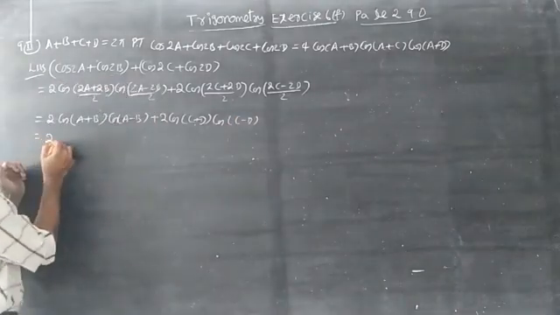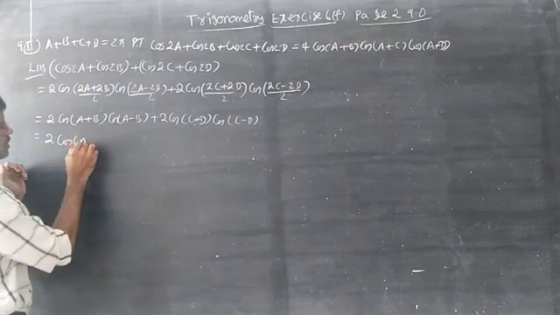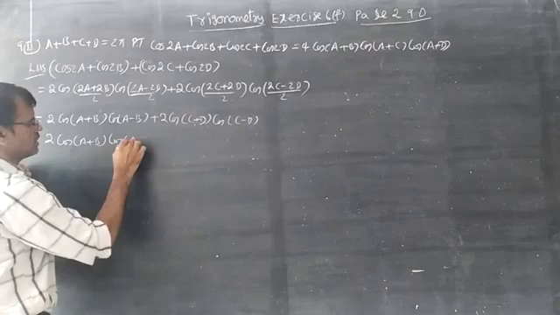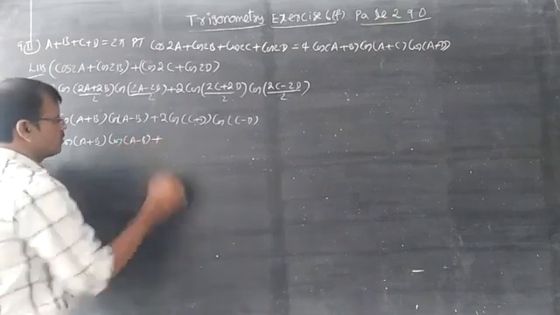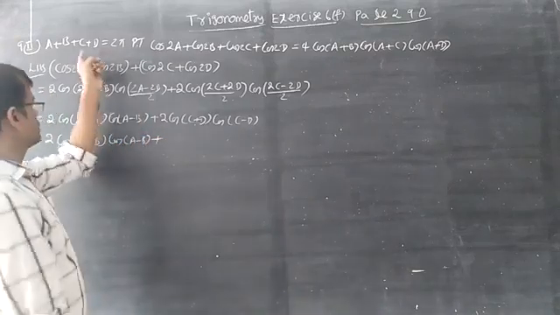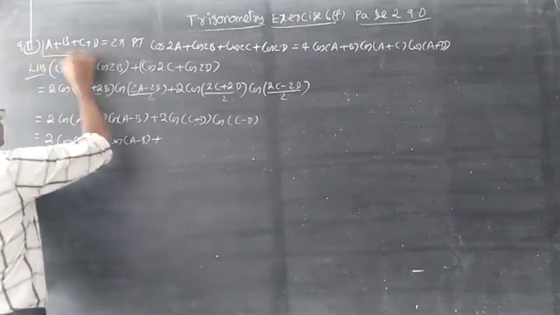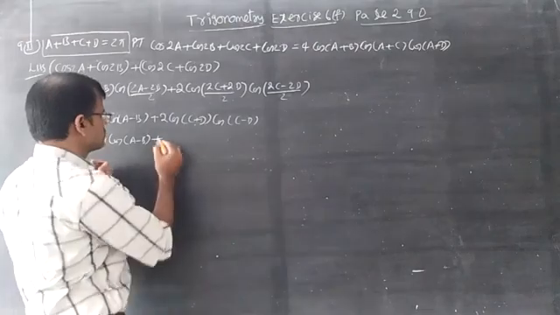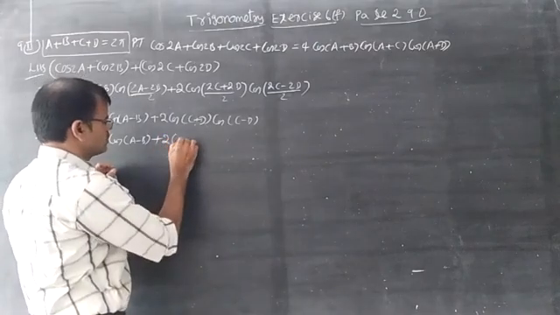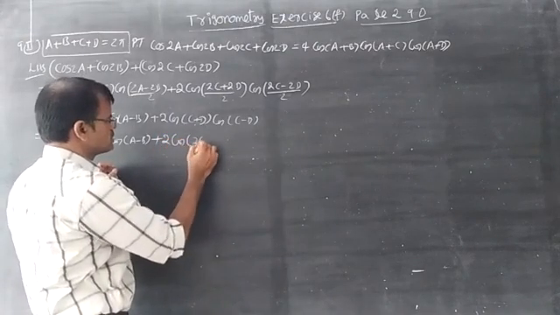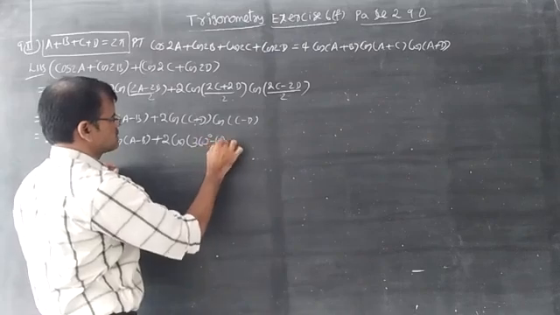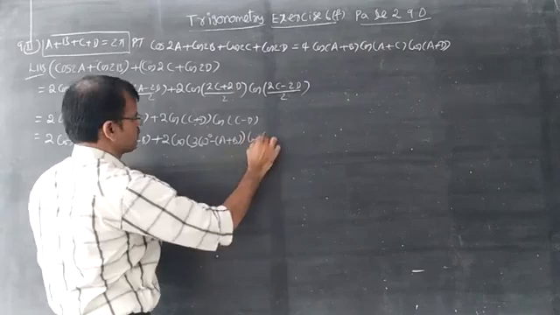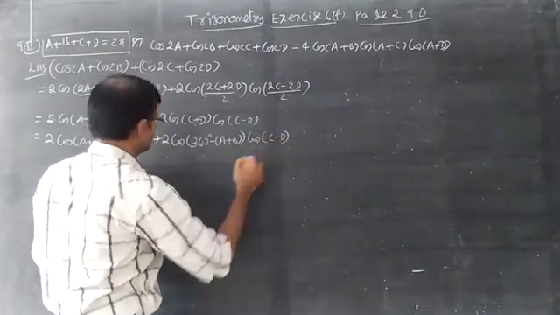That is equal to, next step, 2 cos of a plus b into cos of a minus b plus 2 cos of, here you can write 360 minus of a plus b, using a plus b plus c plus d is equal to 2 pi. Write like this: 2 cos of 360 minus of a plus b into cos of c minus d.